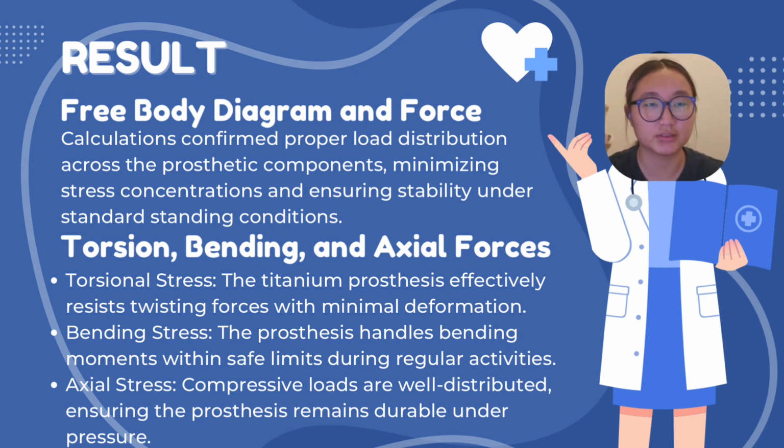Torsional stress: the titanium prosthesis effectively restricts twisting force with minimal deformation. Bending stress: the prosthesis handles bending moment within safe limits during regular activities. Axial stress: compressive loads are well distributed, ensuring the prosthesis remains durable under pressure.